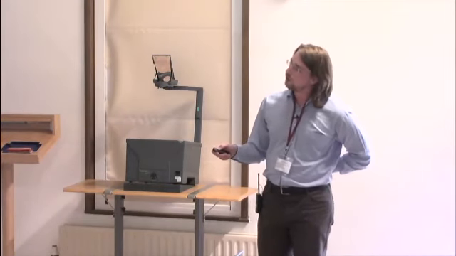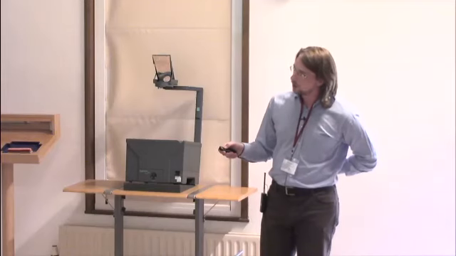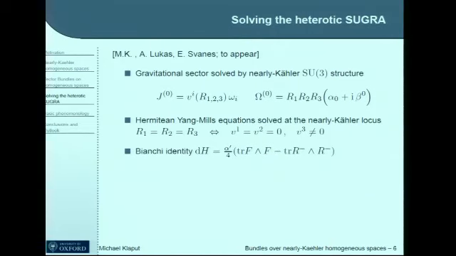On the right-hand side, you don't have trace R wedge R, but R^-, where R^- is built out of the connection which includes the H field itself. So you can see that it can get very complicated to solve this, since H is on the left-hand and on the right-hand side. However, it turns out that for the examples we're looking at, such an H will solve this Bianchi identity exactly. So you don't need to make a Taylor expansion in alpha prime or anything. This will exactly solve this Bianchi identity.